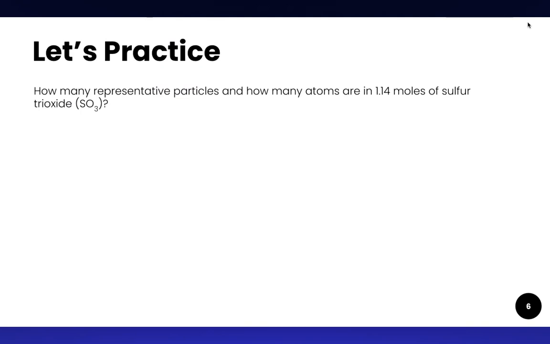Okay, here's our first practice problem. How many representative particles and how many atoms are in 1.14 moles of sulfur trioxide? Okay, so what do we know? We know that there are 1.14 moles of sulfur trioxide, and we want to find out how many representative particles and how many atoms there are.